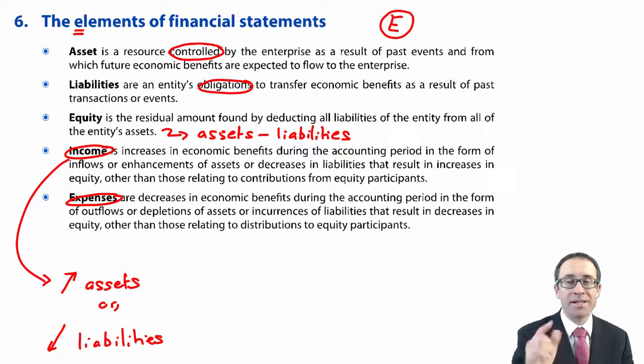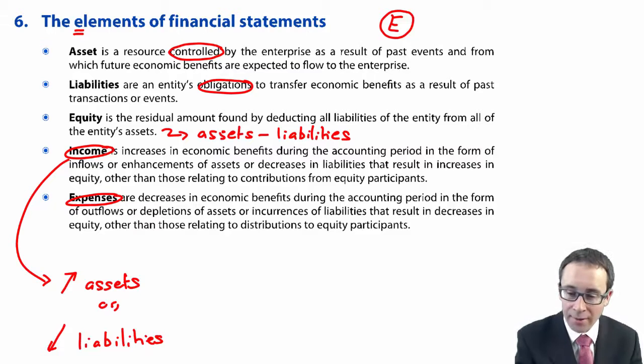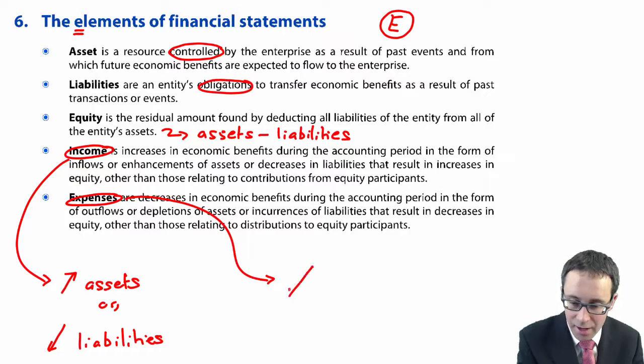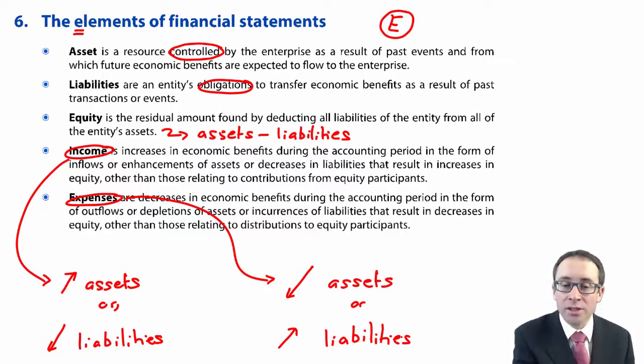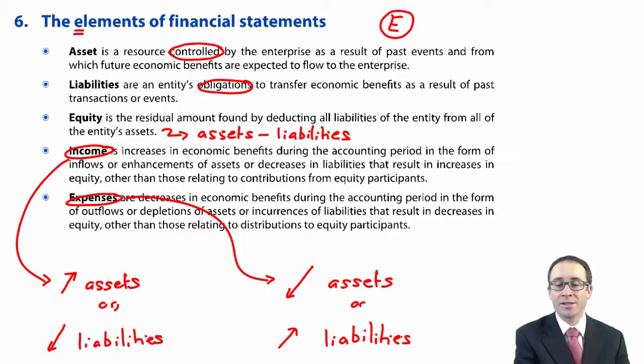If you're looking at expenses, that's essentially the opposite way round, okay, in that your expense is either a reduction within your assets or an increase in your liabilities, isn't it? Okay, so essentially that's a bad thing, isn't it? A reduction in your asset, if you like, depreciation, that's an expense, isn't it?